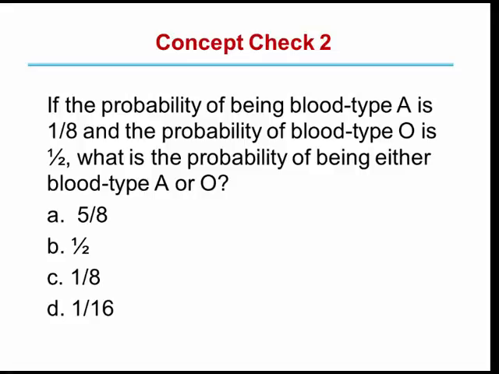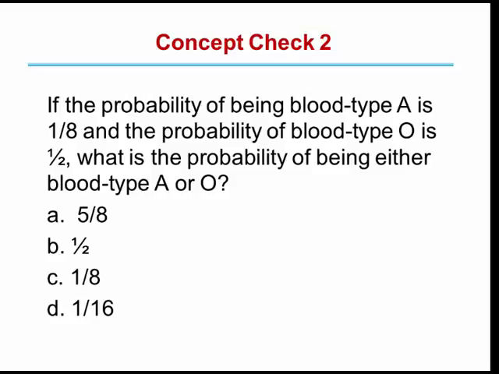So in this case, if the probability of being blood type A is 1/8 and the probability of blood type O is 1/2, what's the probability of being either blood type A or blood type O? Well, in this case, you add them together because it's like one flip of a coin. It's one situation, or rolling one die, and the probability of one outcome is 1/8.